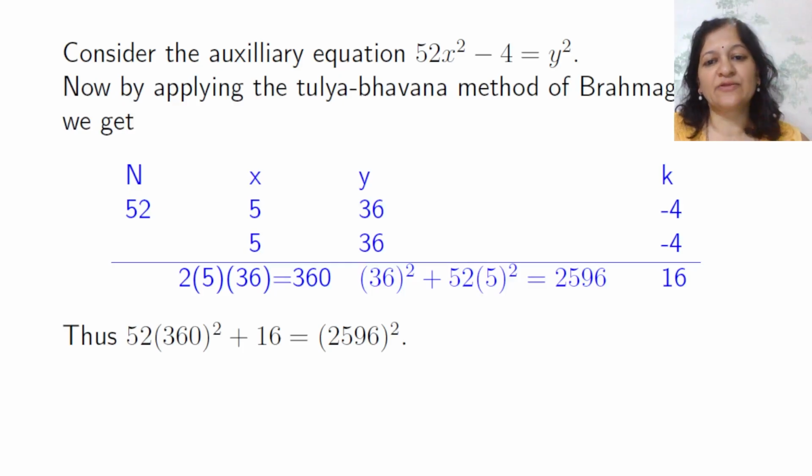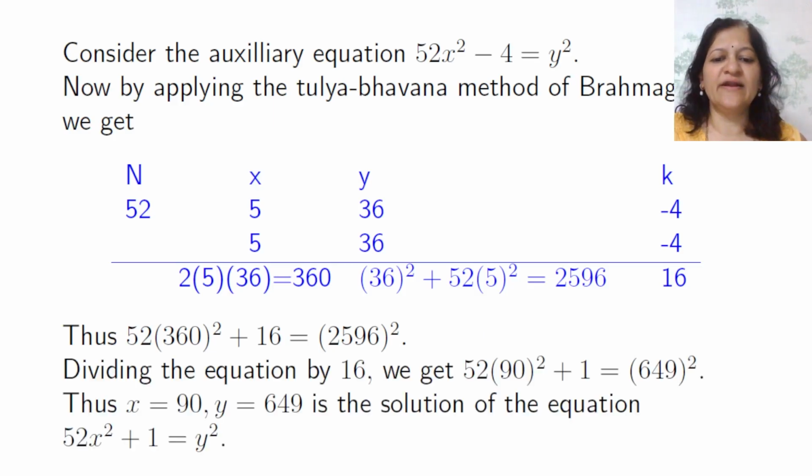Now we can apply the Tulya Bhavana method for this auxiliary equation, and then we get the solution of the equation 52x² + 16 = y². Then dividing both sides by 16, we get a solution of the original equation 52x² + 1 = y², and the solution is x = 90 and y = 649.